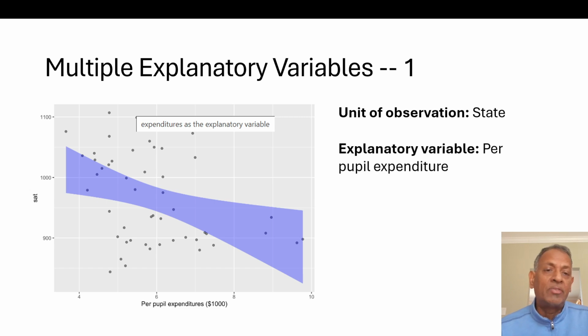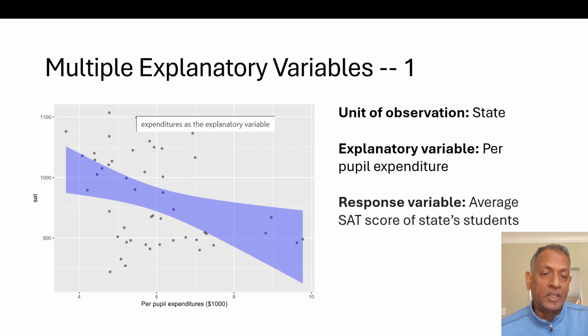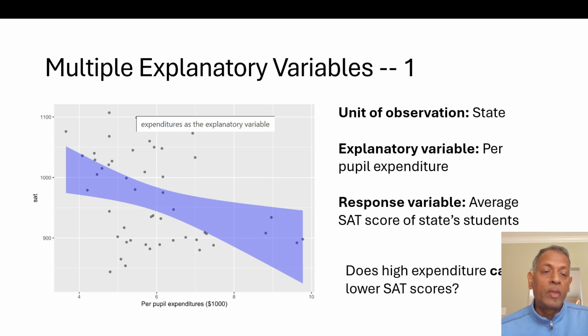As I've said, the unit of observation here is the state, the explanatory variable is the per pupil expenditure, and the response variable or the outcome variable is the average SAT score of the state's students. They came to the conclusion that spending more money causes students to actually perform poorer in SAT scores, and they said, look, our model is actually showing that.